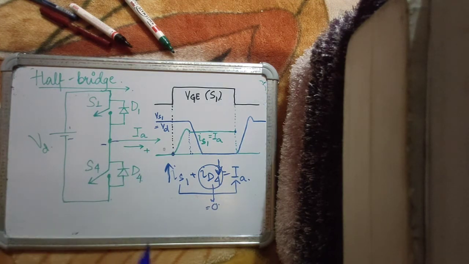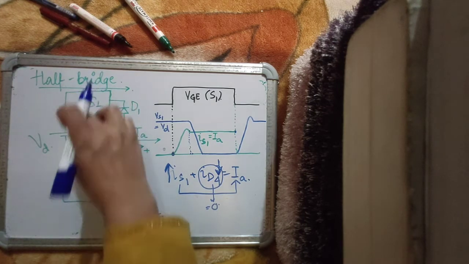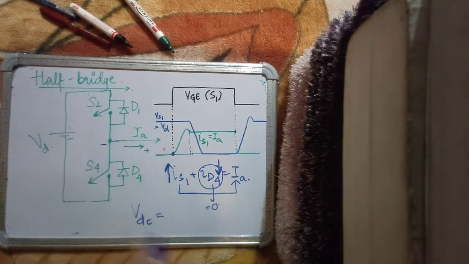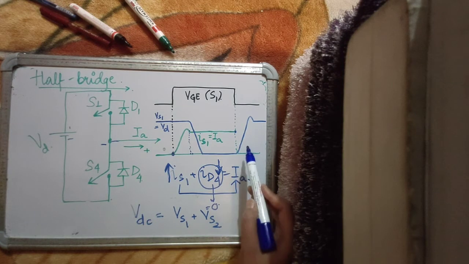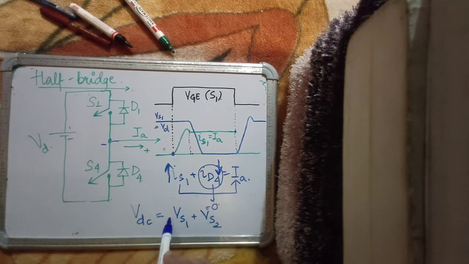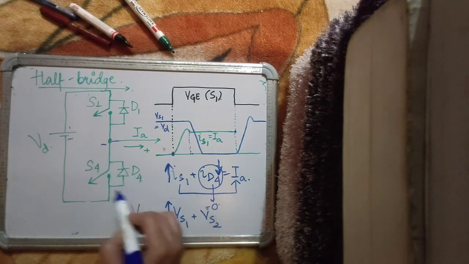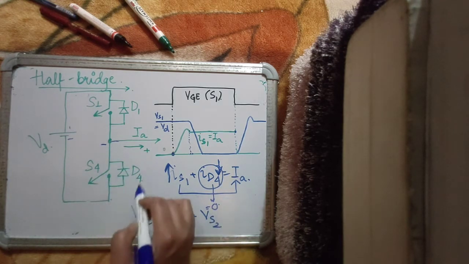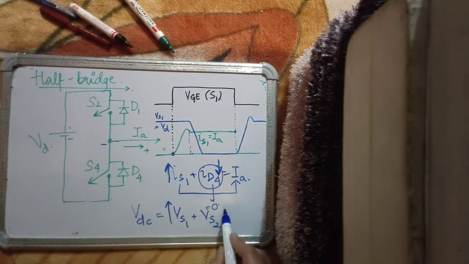You have to ensure that the input DC voltage is somehow accommodated within these two switches. So VS1 plus VS2. As soon as you withdraw the gating pulse to S1, its voltage will start rising, and of course this device has to go into conduction, so the voltage across this device will start falling, right?